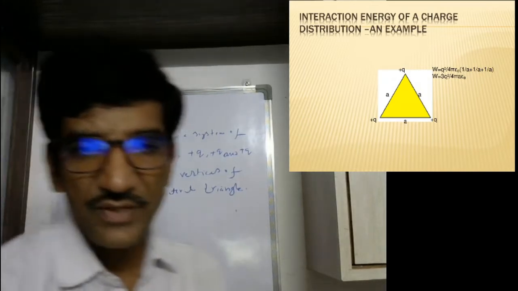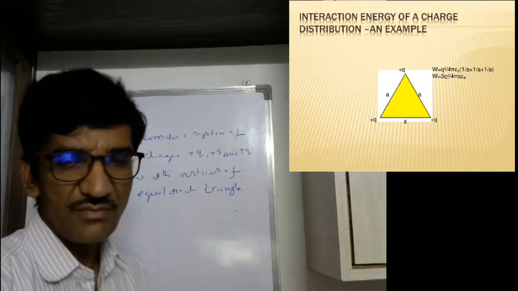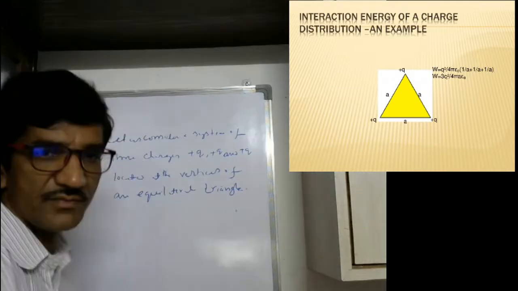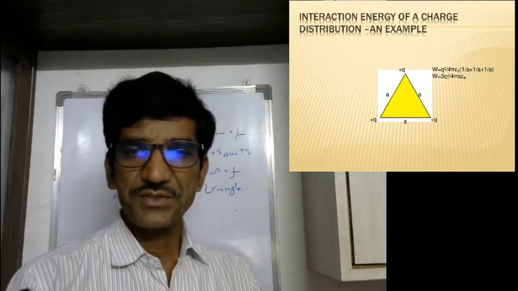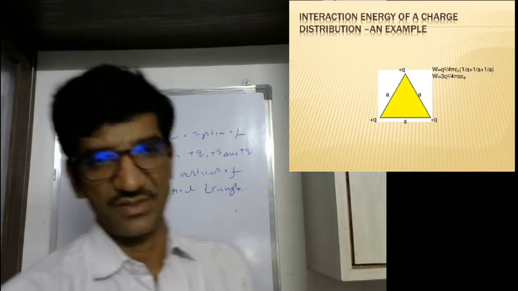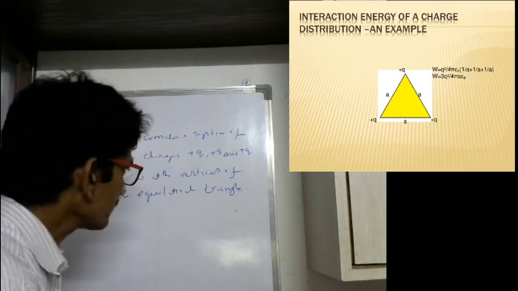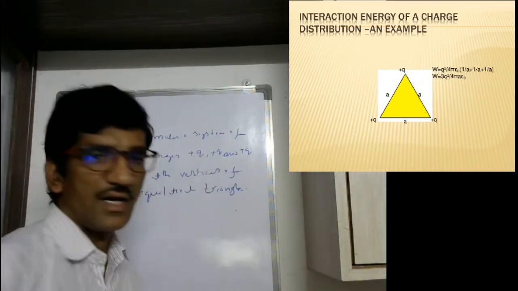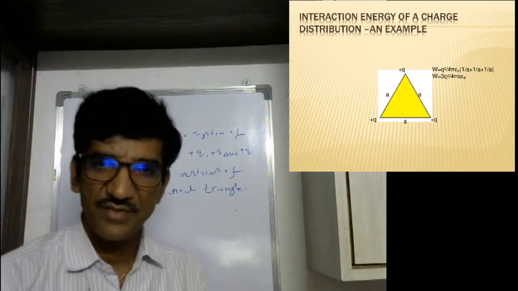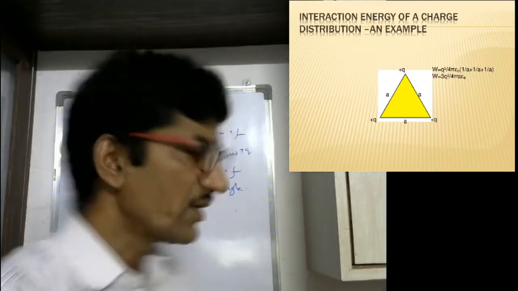Here we are not going to find the total potential due to all these charges at some other point. Here we are going to find the interaction energy of the system of three charges. In order to find the interaction energy, here also we are using the superposition principle.